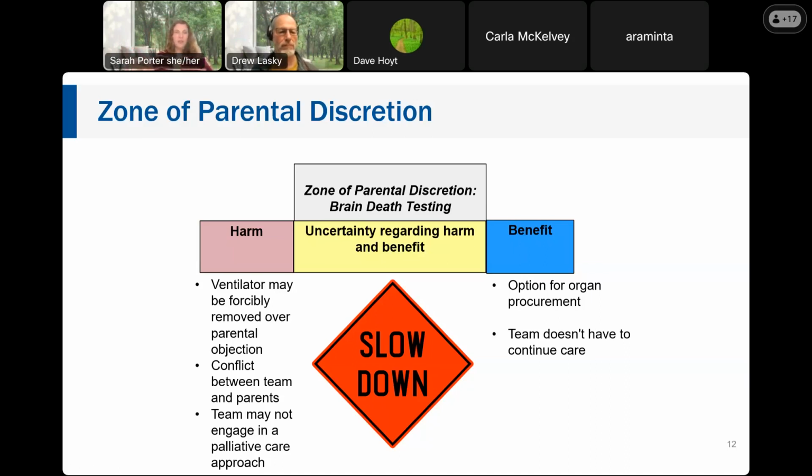I want to acknowledge that slowing down is impactful to these parents in different ways. Slowing down from the mother's perspective is perfect. Maybe we're going to take the brain death testing conversation off the table because we're in conflict, and that's aligned with what she needs and wants. For dad, it's not necessarily aligned. It may be really painful for him to have us slow down.